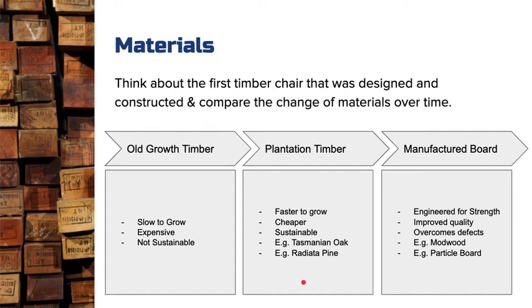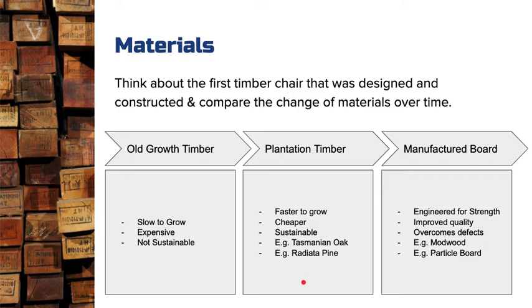Moving on again, we then had the development of manufactured boards. Now you remember from our last lesson, manufactured boards are large sheets of material that have been engineered to improve their qualities, to improve their strength, to remove the defects that we have in timber. Some of the examples of manufactured board include what's called Modwood.